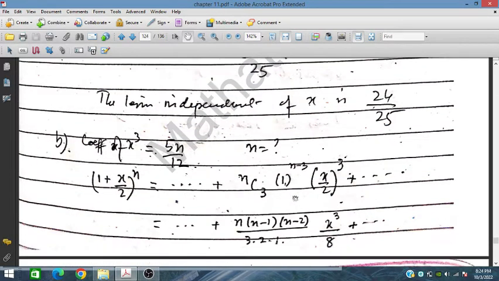So part B, we have to find this coefficient 1 plus x upon 2 power n, and this is equal to 5n by 12, meaning the coefficient of x cube is this. So coefficient of x cube in the expansion of this would be this. Okay, so n c 3, so n minus 3, and this is 3. So this is x cube. So from here we have this n minus 1, n minus 2, this here 1 2 3, and this is x upon 2 power 3 is 8.